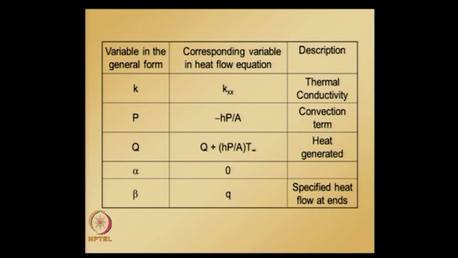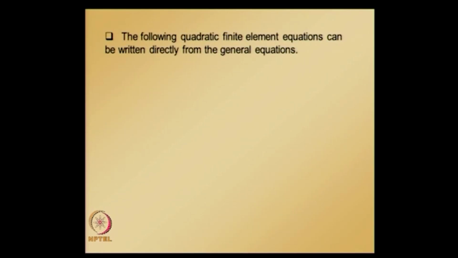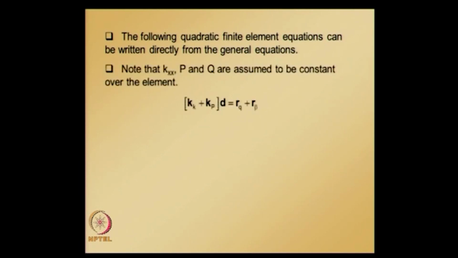Once we have this kind of comparison, the following quadratic finite element equations can be written directly from general equations by replacing the corresponding coefficients in the general one dimensional boundary value problem with the coefficients corresponding to this specific case.